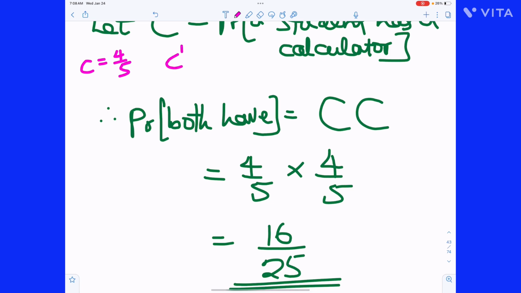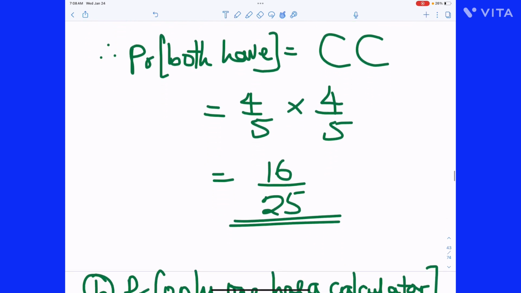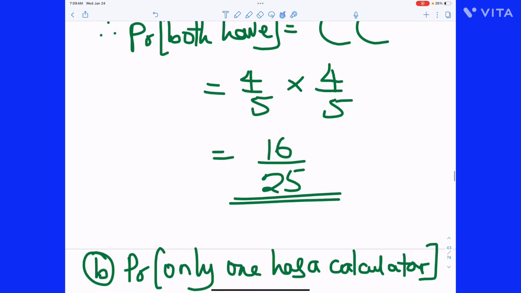The probability that a student does not have a calculator will now be 1 minus C, which is 1 minus 4 over 5, which is 1 over 5. Exactly. You can include that in your mind or somewhere. So probability that both of them have is 4 over 5, the first one has a calculator and the second one has a calculator too. Exactly. So that's 16 over 25.